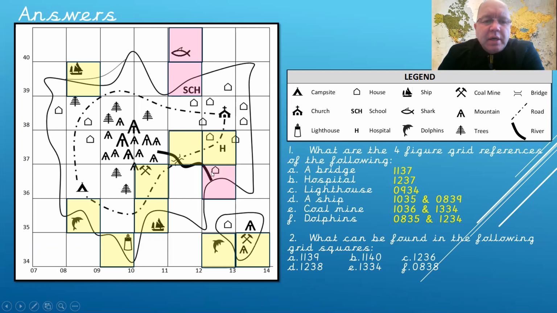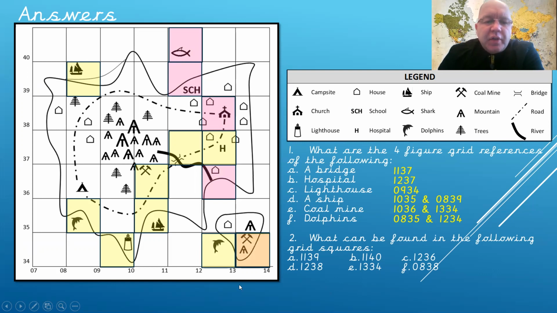1236 is down here, and in there is a house, and there's also part of the river. I think house is probably the most obvious one, but if you put river, you also get the mark. So 2 symbols there, river and house. So that was 1236. 1238, the main symbol there is the church, but there's also a house in there, and there's also a road.